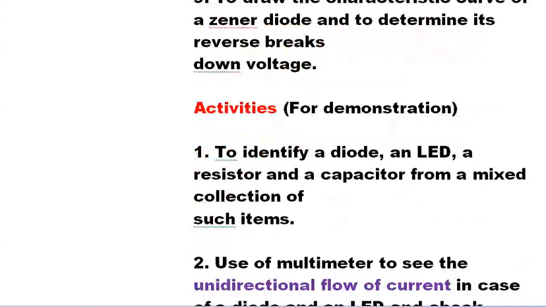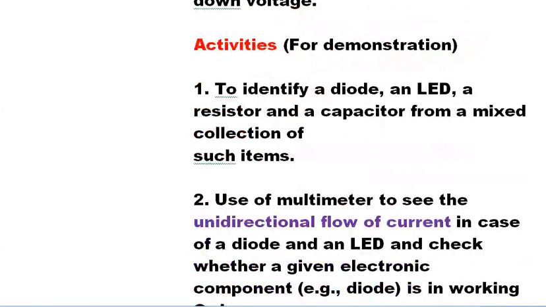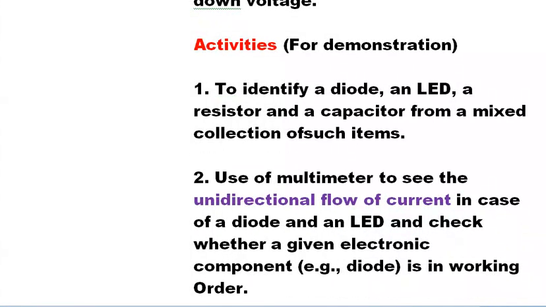Then some activities only for demonstration purposes. Number 1, to identify a diode, LED, resistor, capacitor from a mixed collection of such items. Somewhere we have a collection of these simple devices, and we have to identify which one is a diode, which one is an LED (light emitting diode), which one is a resistor and which one is a capacitor.